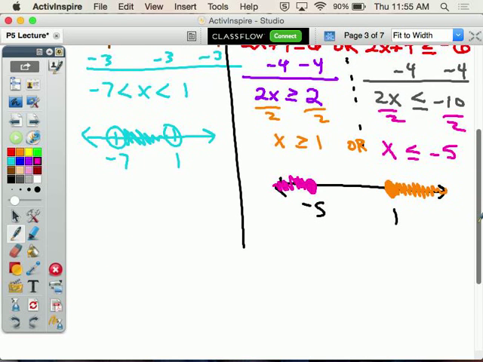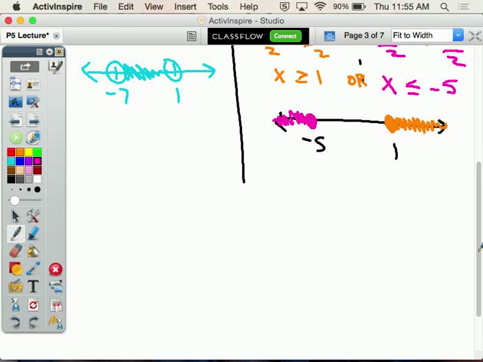Now here's one where I want to talk a little bit about the symbols that you would use that are the new symbols. Actually, I'm going to do the new graph first, and then I'll do the new symbols. The new graph is pretty simple because all you're doing there is you're putting down the same numbers, -5 and 1.